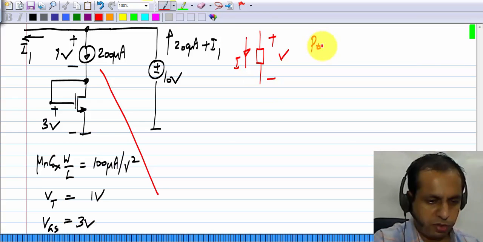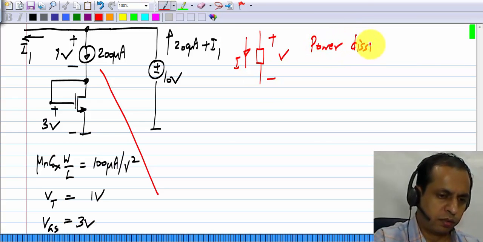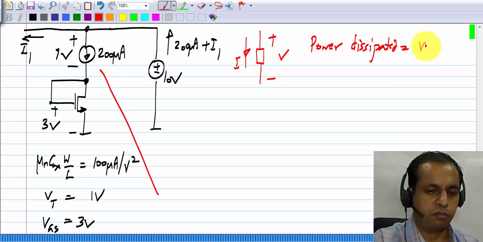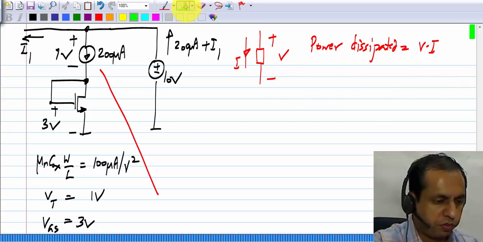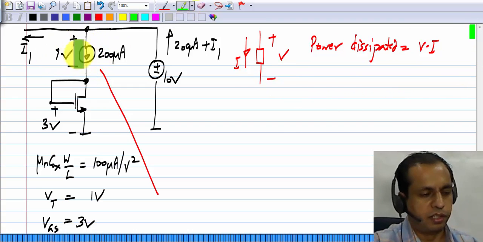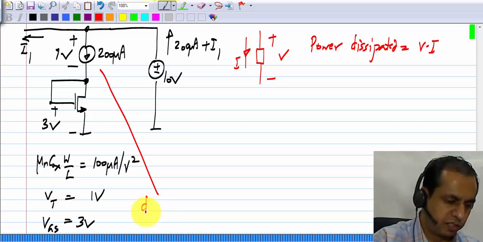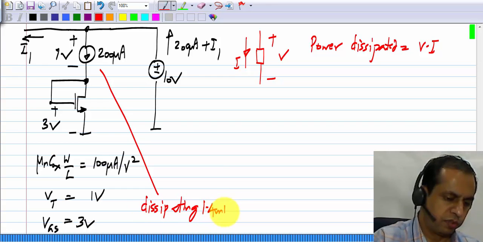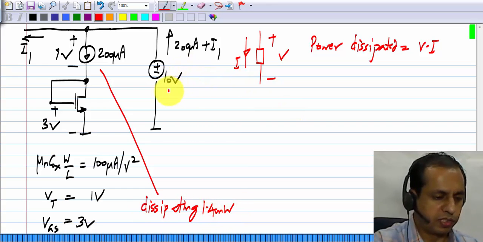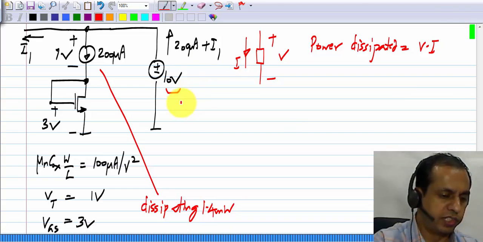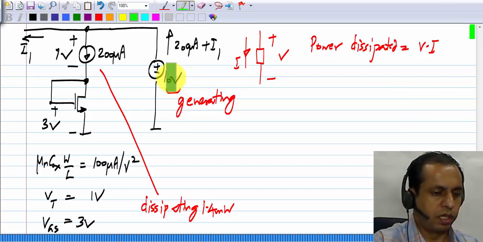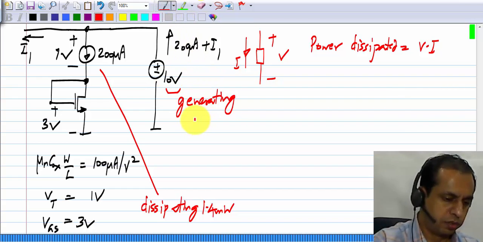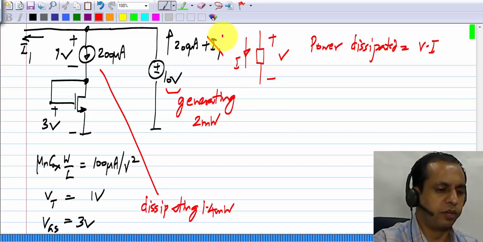Then the power dissipated is V times I, and the power generated would be minus V times I. If you follow that, you can see that this current source here is dissipating 1.4 milliwatts, whereas this source is generating 10 volts times 200 microamperes, 2 milliwatts, assuming I1 is 0.